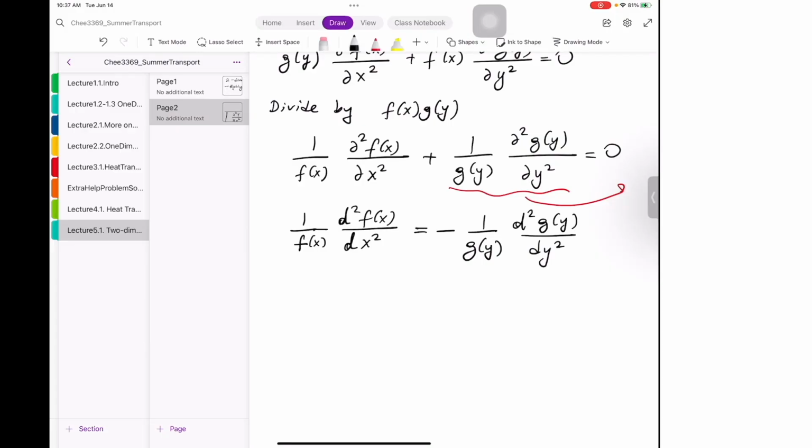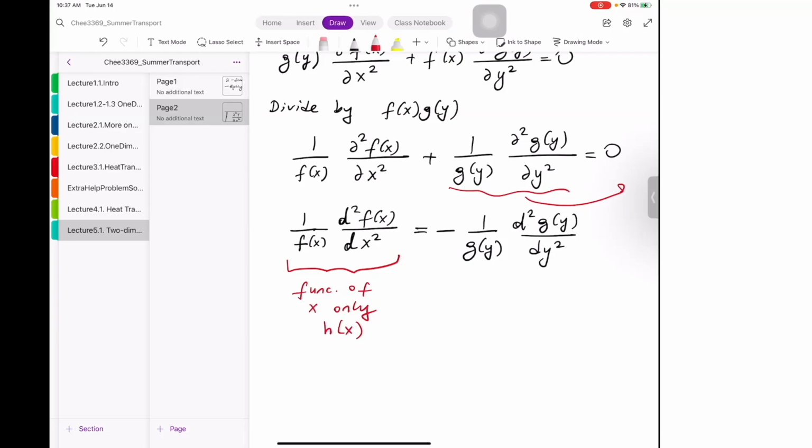Okay, and here is the point where we need to make an observation. You should observe that this part is a function of x only, right? It's something like h of x, correct?